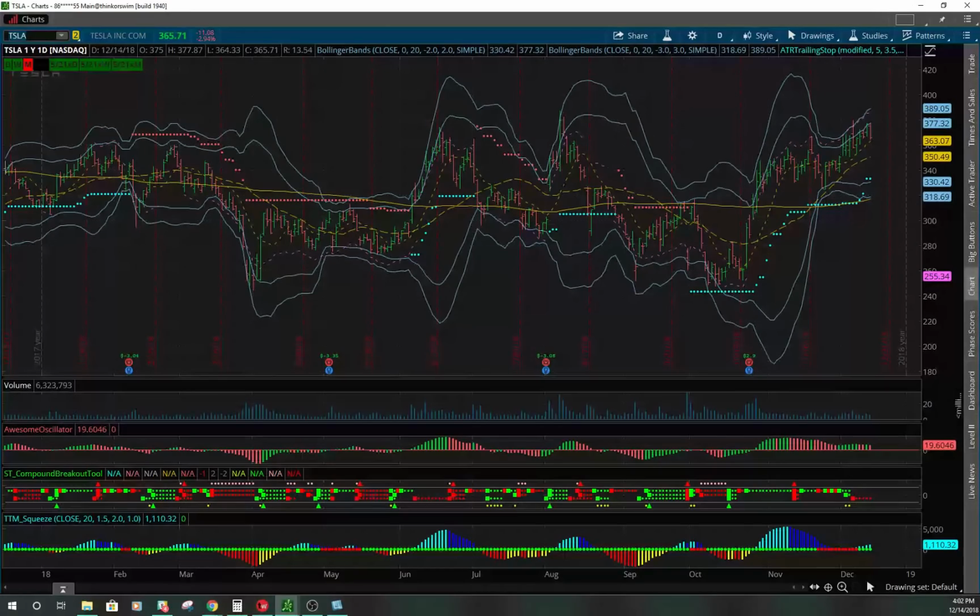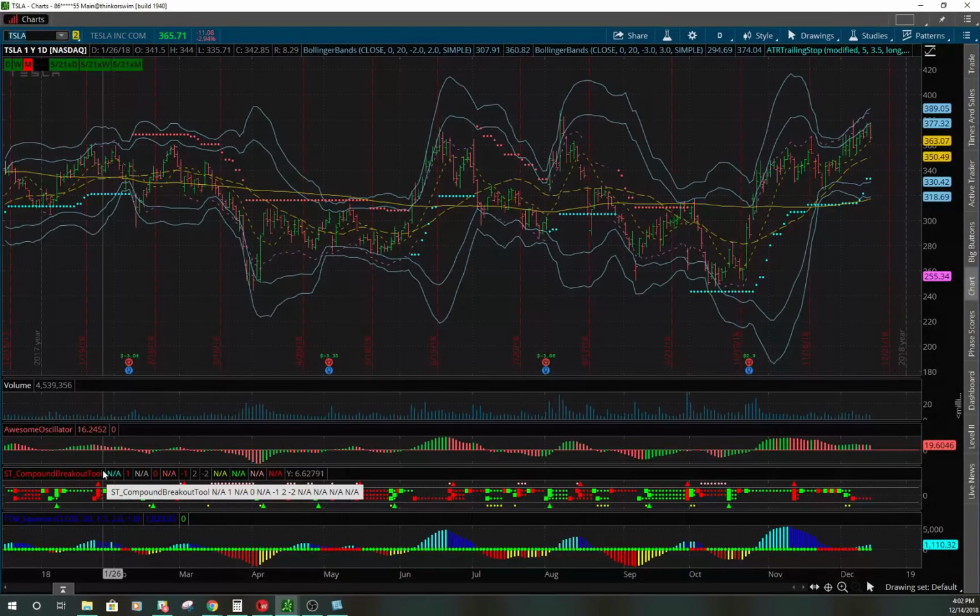I've already answered this, and I'll go through it in more detail in the class, but I know this question has come up quite a bit in my emails, and maybe some of you guys are just jumping in now. But the three things that make up the compound breakup tool are several different simple moving averages, the stochastics full, and the MACD histogram.